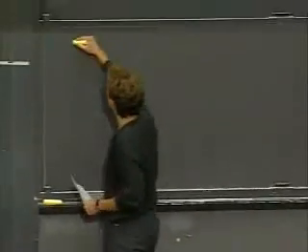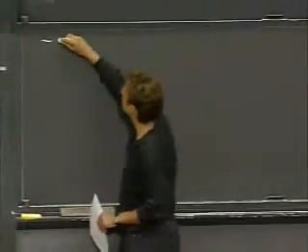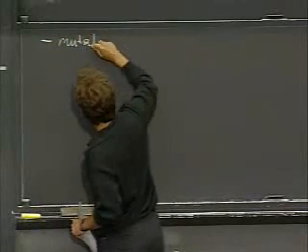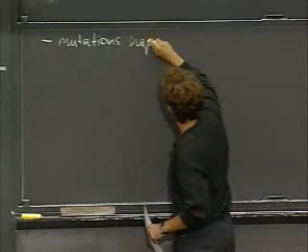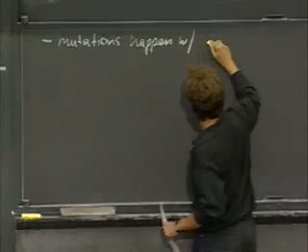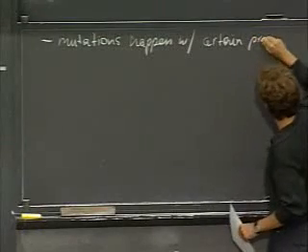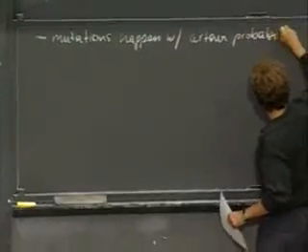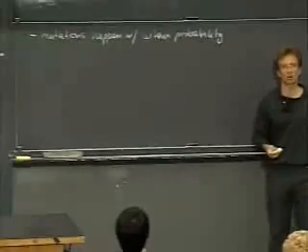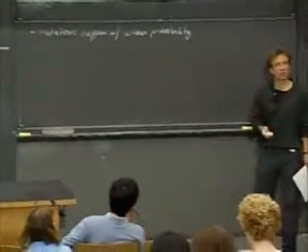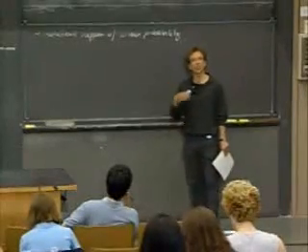And the underlying mechanism of that is that mutations happen with a certain probability all the time, okay? So the idea is that as time passes on, DNA molecules will change.